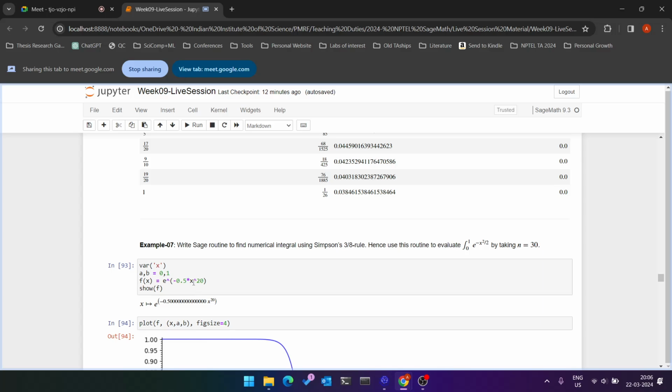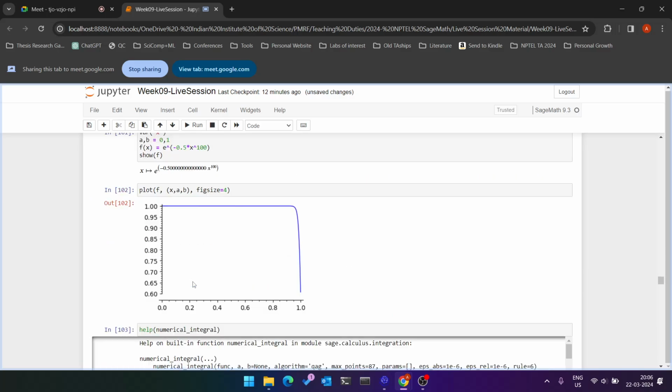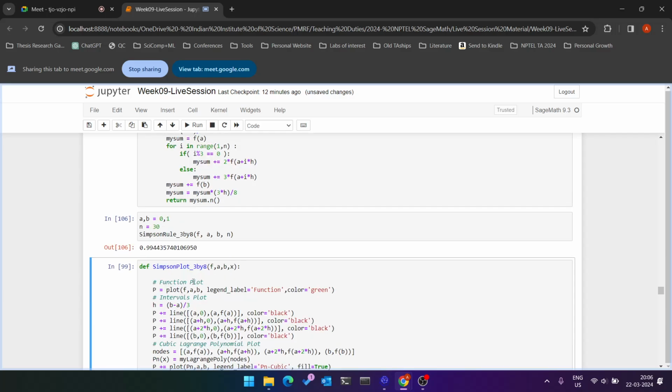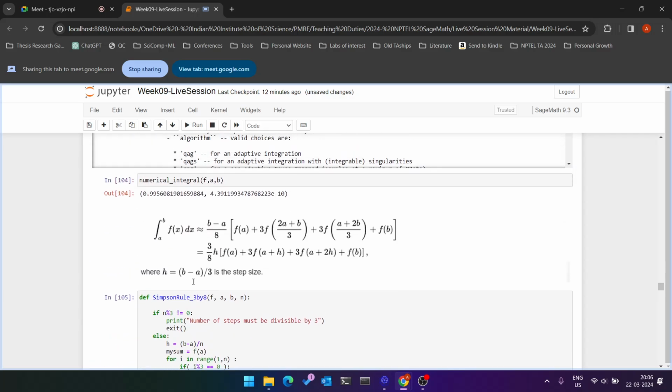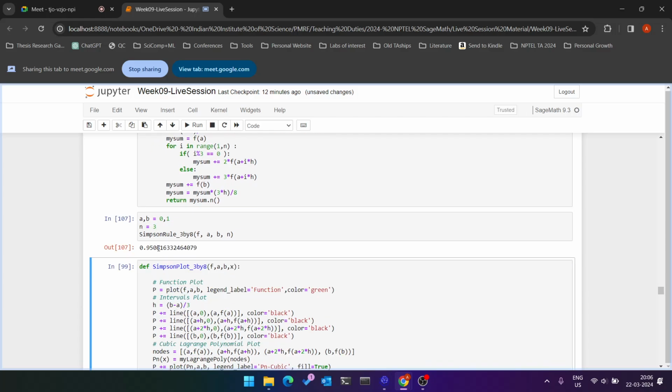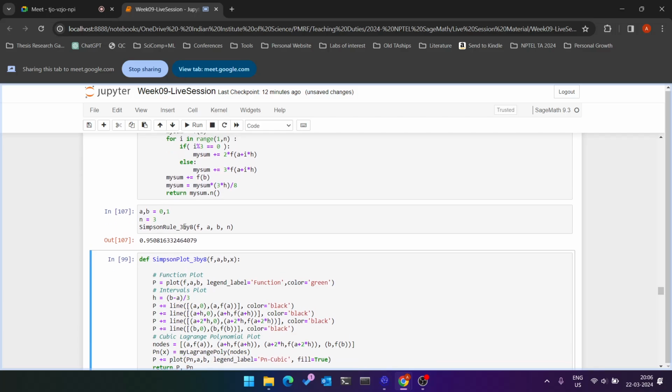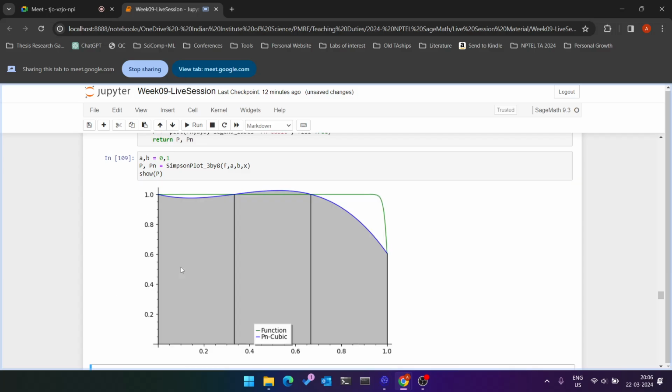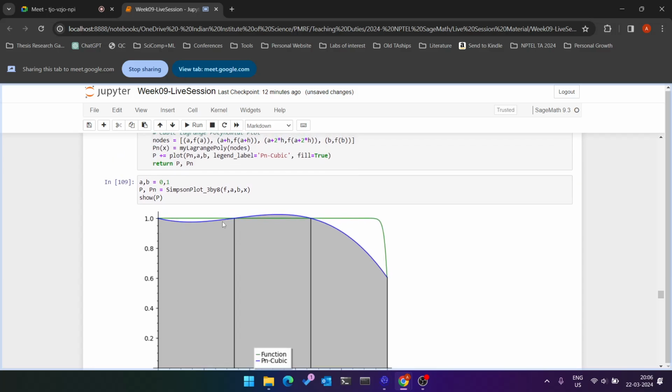Perhaps I should try to increase this one. The more I increase this, they're still quite matching. Now I think I have to change this. In this case, it's pretty clear by the eye test that the white shaded area below the green curve is much larger than the gray shaded area above the green curve.